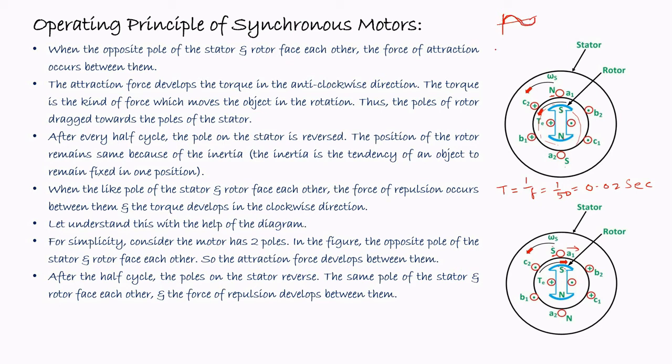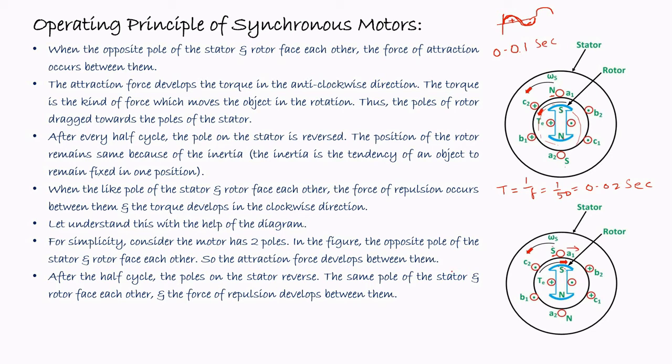Therefore, in 0.01 second, the polarity changes. That means after 0.01 seconds, the polarity of the supply changes. If it is positive polarity, then after 0.01 seconds, it will be negative polarity. Then again after 0.01 seconds, it will be positive and so on.